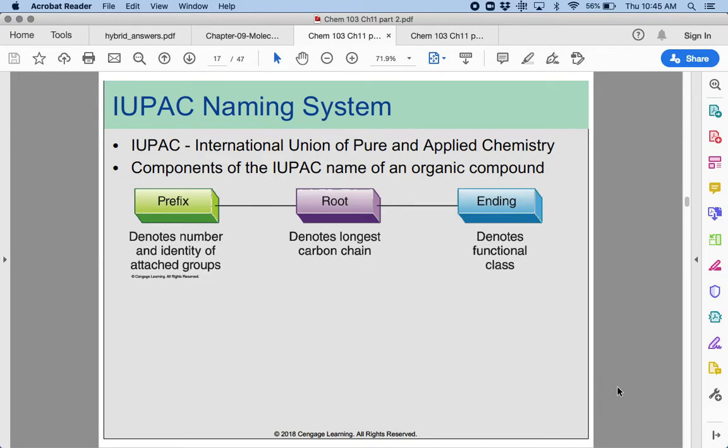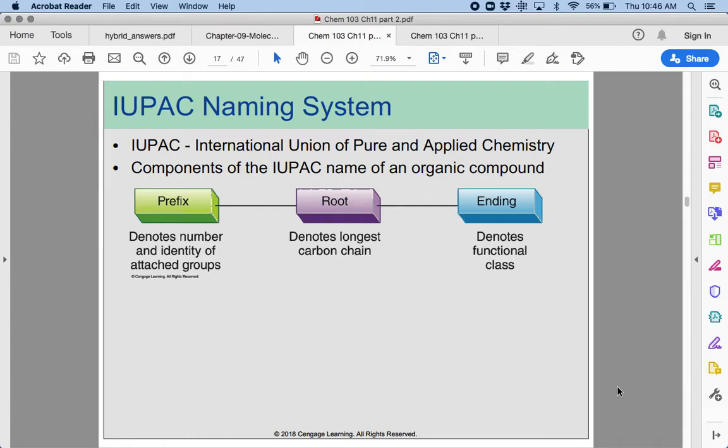Okay, so up until this point I told you that you didn't have to worry about naming. Now you have to worry about naming. If you have worked in a field before where you are already familiar with some names of compounds, they might be what we call the common name. For the purposes of this class, we are going to focus primarily on the IUPAC naming system, which stands for International Union of Pure and Applied Chemistry.